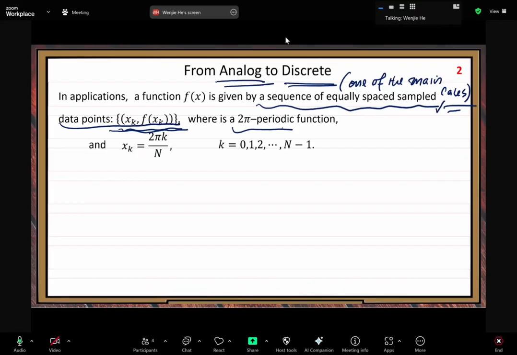Later, when we study signals, typically the domain of the signal is not a 2 pi interval.